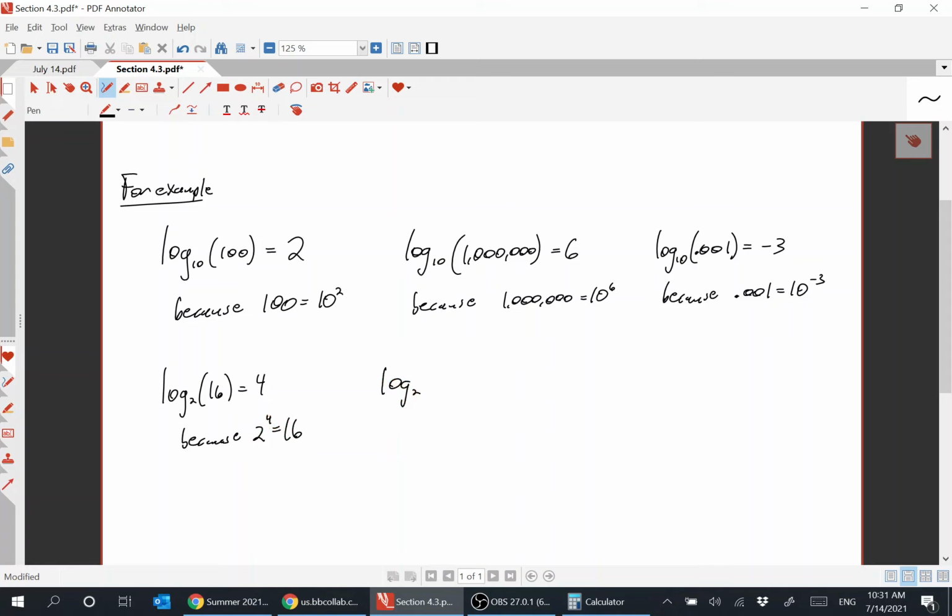Log base 2 of, say, the square root of 32. Okay, well, that's equal to, anyone know? Anyone see what that's supposed to be?